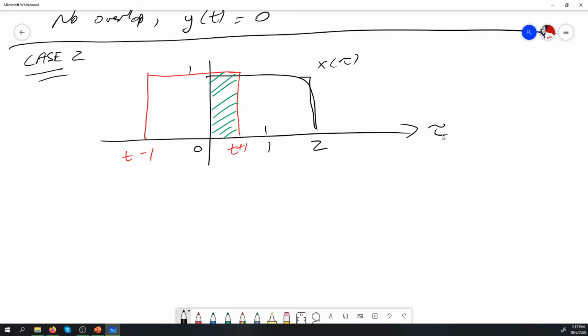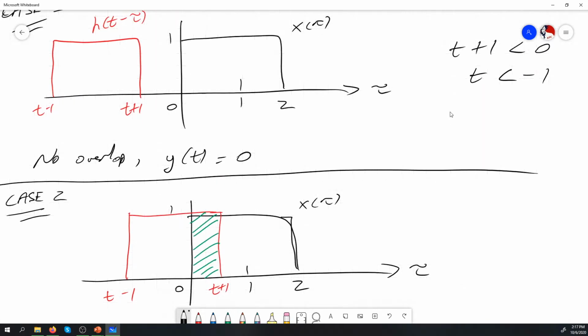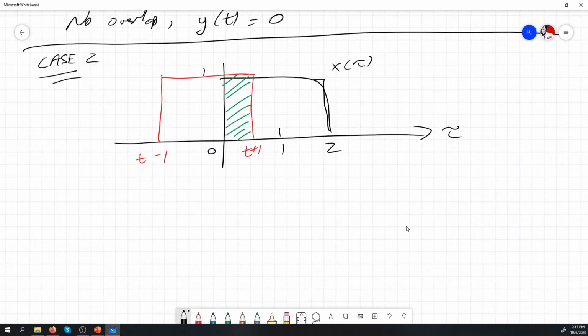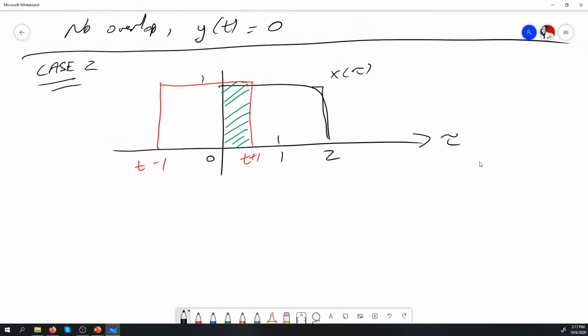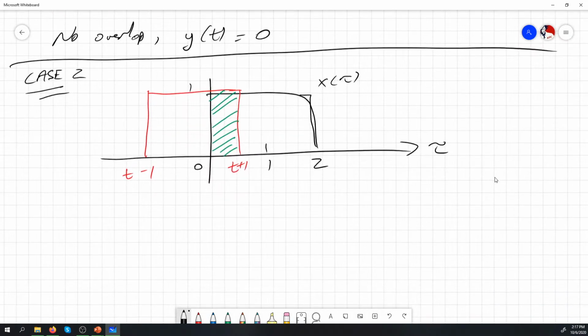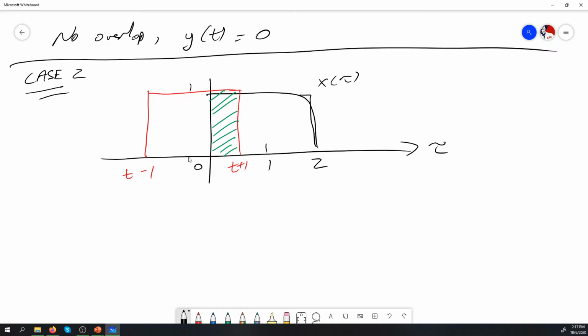Sorry, I said that wrong. Because we saw for case 1, t plus 1 was less than 0. For case 2 here, t plus 1 has crossed the 0 mark. So this is going to be t plus 1 is more than or equal to 0, so we get t being more than or equal to negative 1.